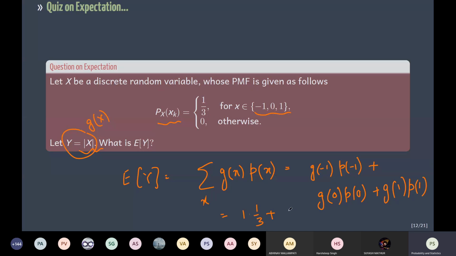Plus g of 0 is 0, so that goes to 0, because the absolute value of 0 is 0. And this is 1 times 1 over 3. So overall, what is this? This is 2 over 3. So the expectation of y is 2 over 3. So that's another example.